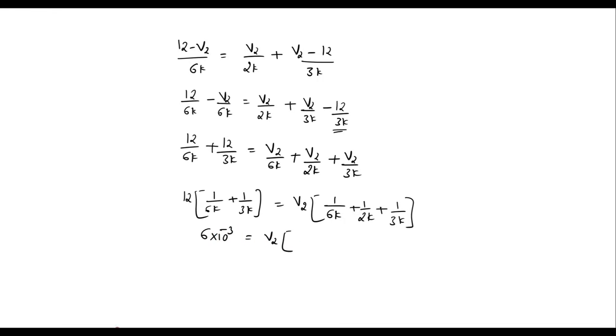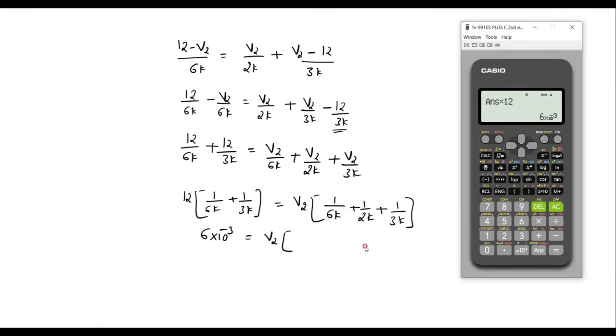Let me solve the RHS. We have 1 over 6K, that is nothing but 1 upon 6000, plus 1 upon 2000, then plus 1 over 3000.